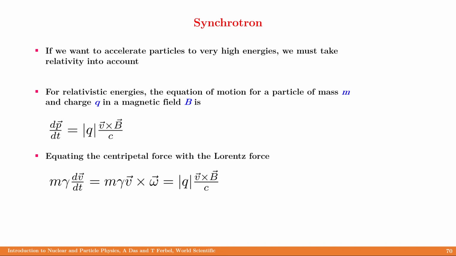Equating the centripetal force with the Lorentz force, we have m gamma dv over dt equal to m gamma v cross omega, which is again equal to modulus q times v cross B over c. In this equation, gamma is the Lorentz factor given by 1 over square root of 1 minus v square over c square.